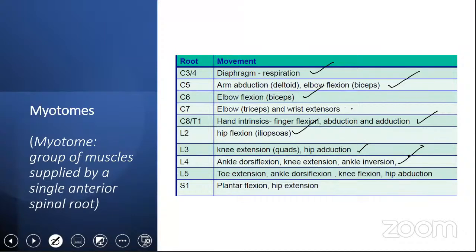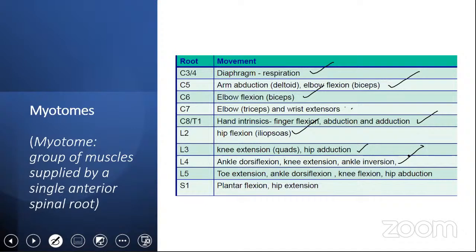Usually inversion is the one which gives you L4, L5 is toe extension, ankle dorsiflexion, knee flexion, hip abduction, plantar flexion, and hip extension. These are S1. So the group of muscles supplied by a single anterior spinal root is called myotome.